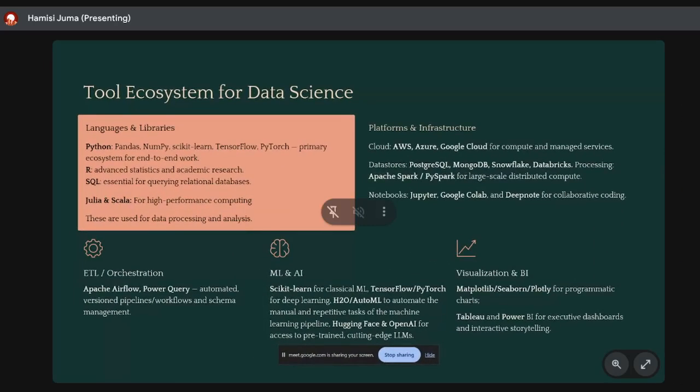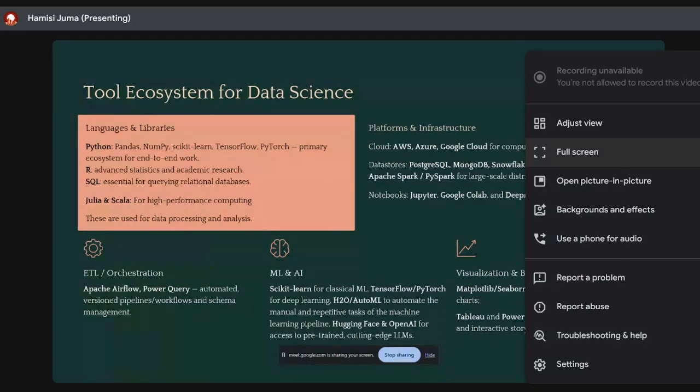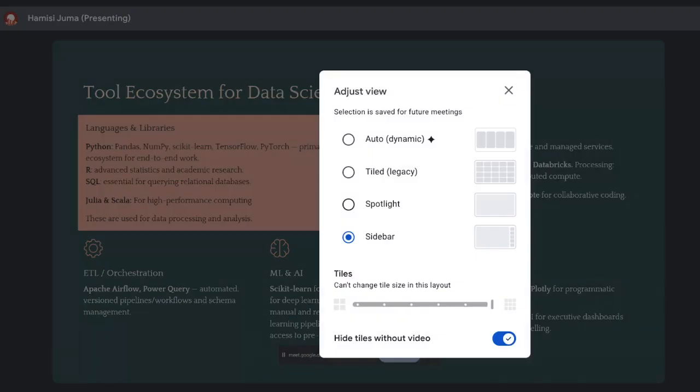So next we have the ETL or orchestration, where ETL stands for extract, transform, load data pipeline. And for this, we use Apache Airflow or Power Query, which are automated pipelines or workflows, and which also do schema management.